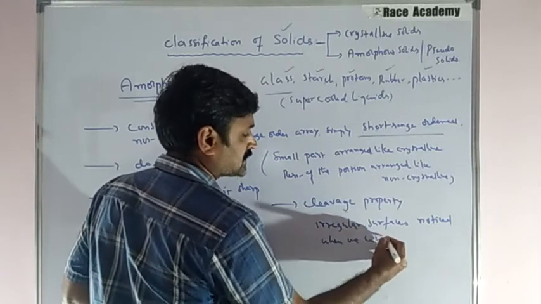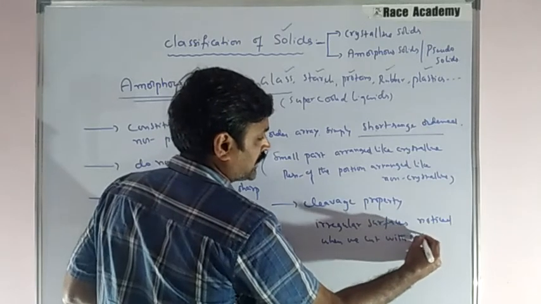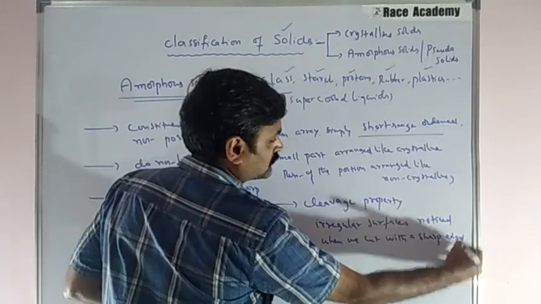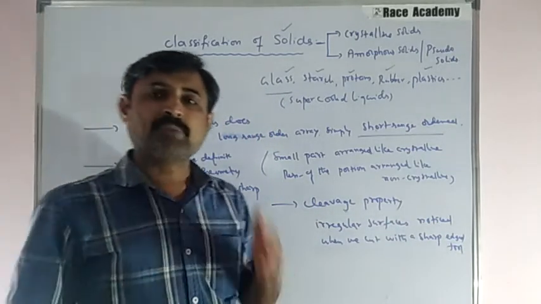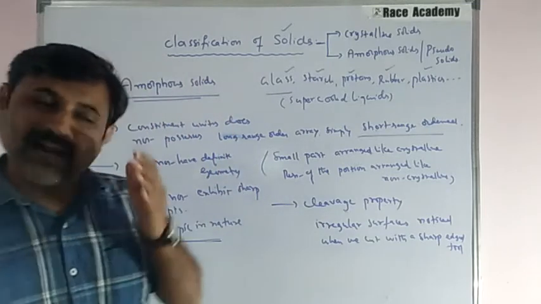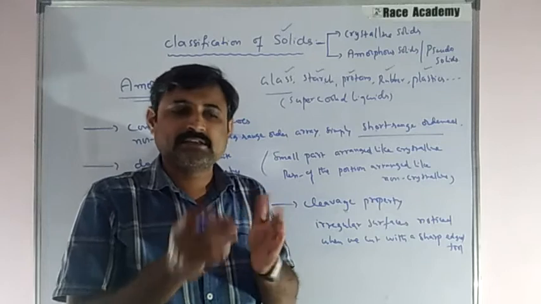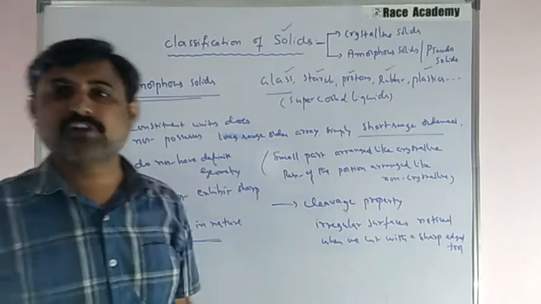When we cut with a sharp-edged tool, like a blade, an amorphous solid such as rubber, the surface is not a planar surface.